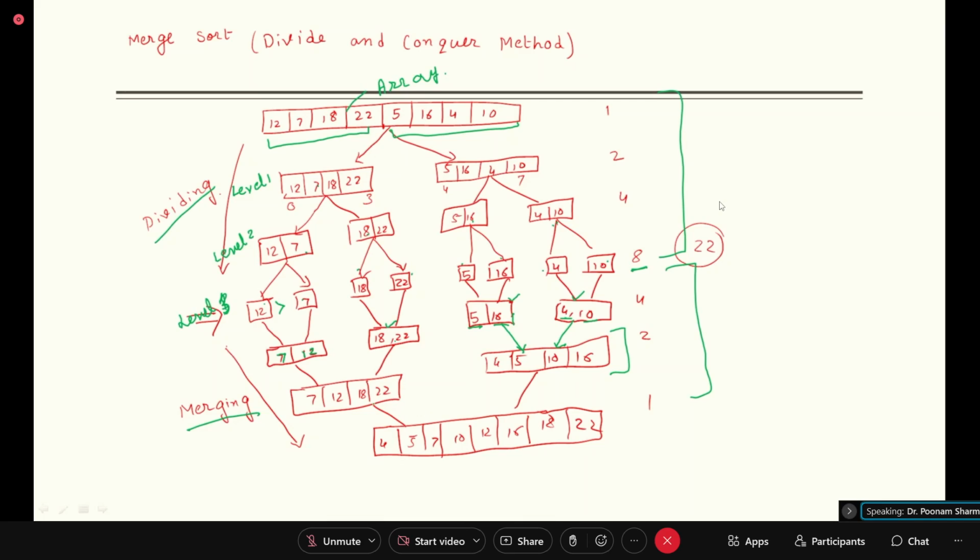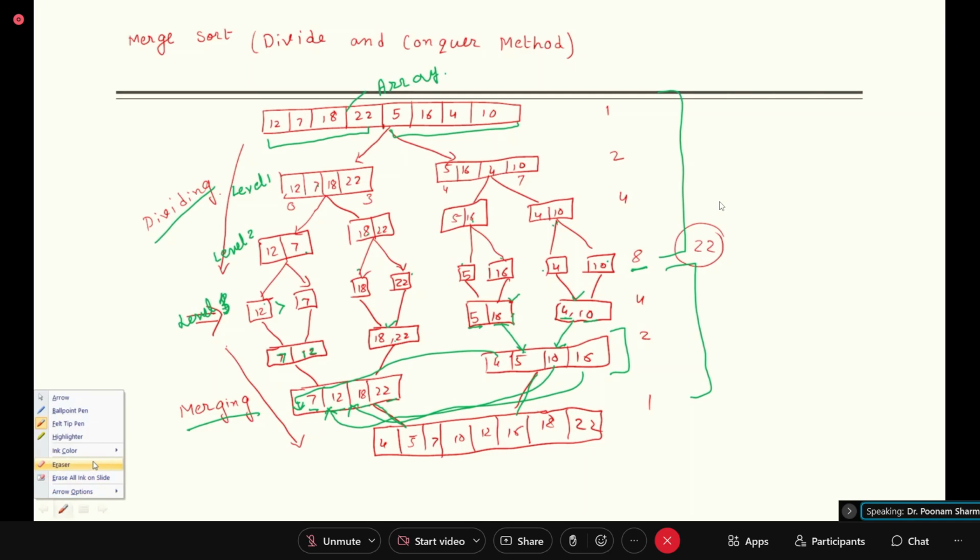Even when you are combining these two as well, then also you see 7, 12, 18, 22. So 4 needs to be at this place. 5 also needs to be before 7. 10 is required to be inserted in between, and 16 is also required to be inserted in between. Right? I hope this thing is clear to everybody.